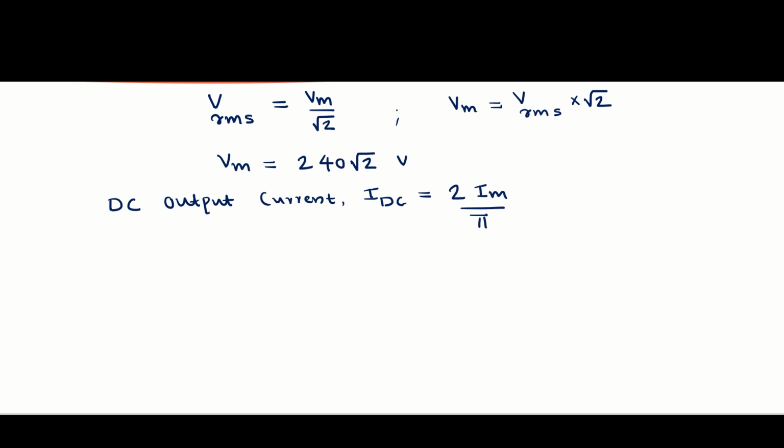So to find the DC output current, first we have to find the maximum value of current, Im. The maximum value of current Im is equal to Vm divided by Rf plus Rl.